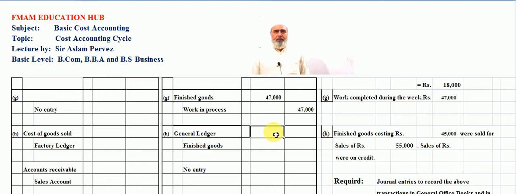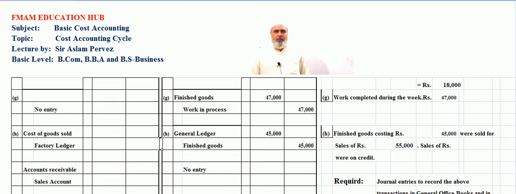Now in the books of factory, the general ledger is debited 45,000 rupees because the goods sold are on behalf of the general office. For this purpose, in the books of factory, the general ledger should be debited and the finished goods is credited.